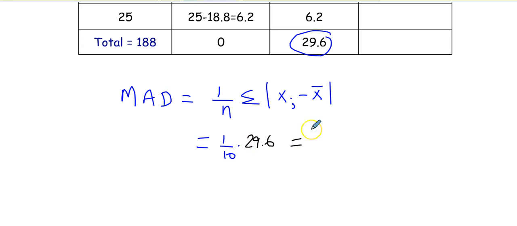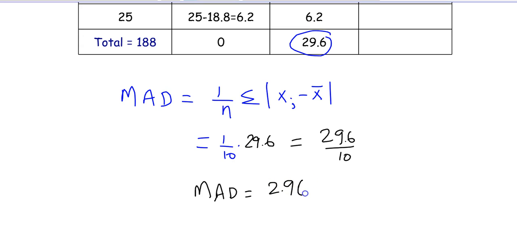So 29.6 over 10 gives me the mean absolute deviation, 2.96. That is my answer for MAD, my mean absolute deviation, right?